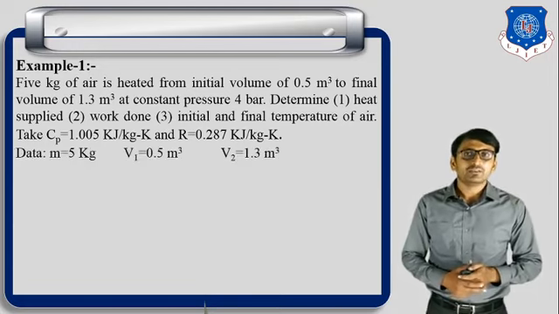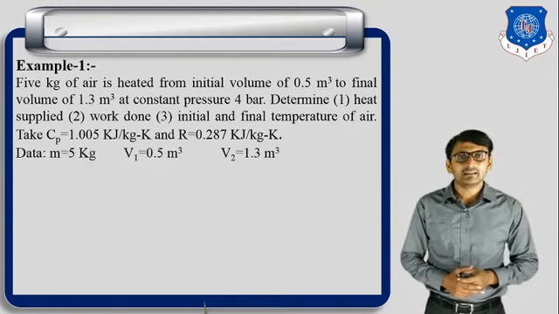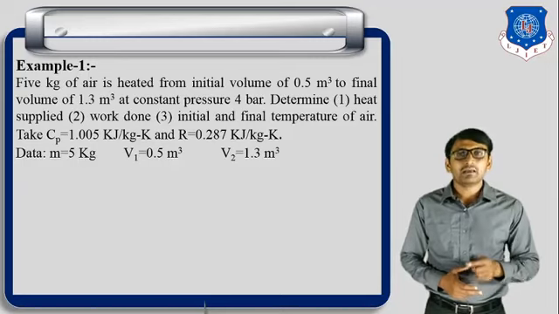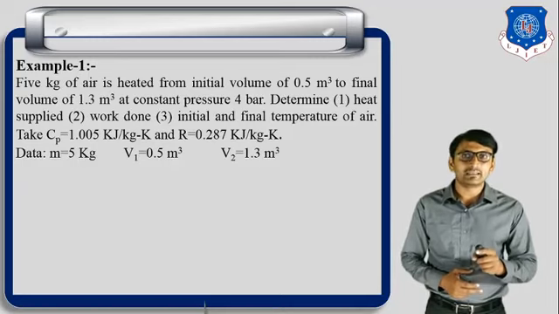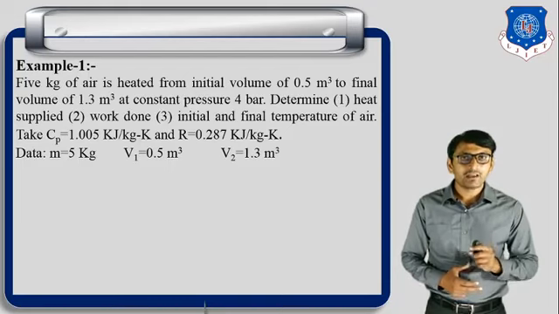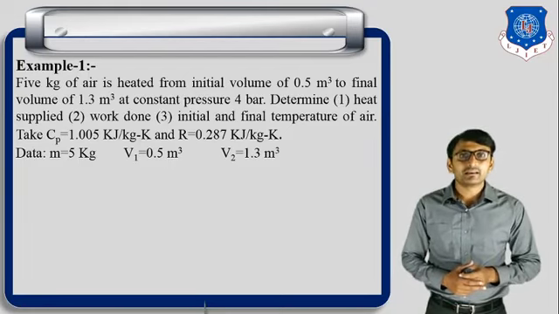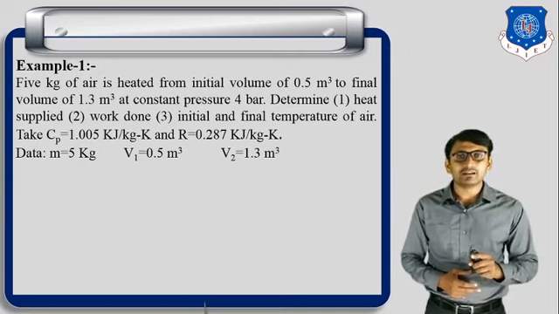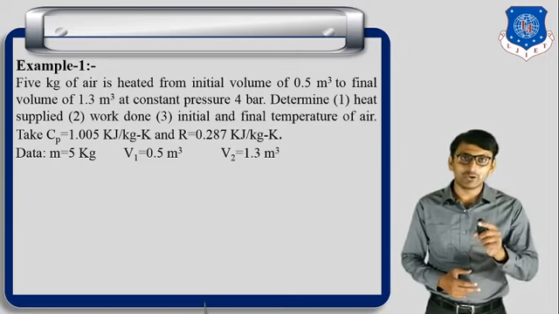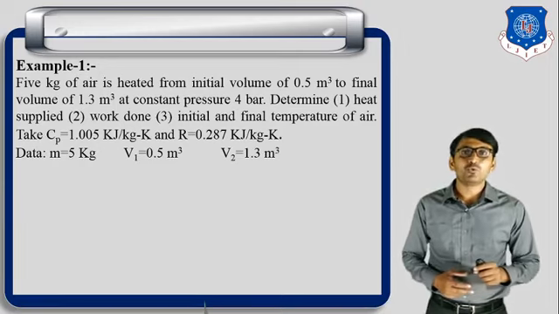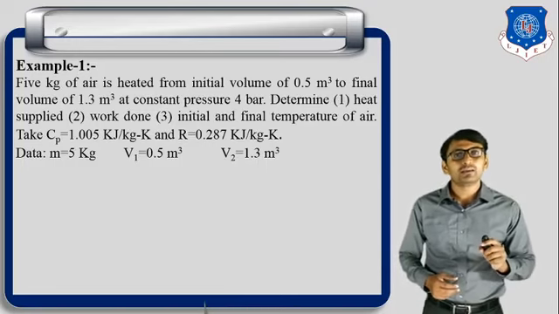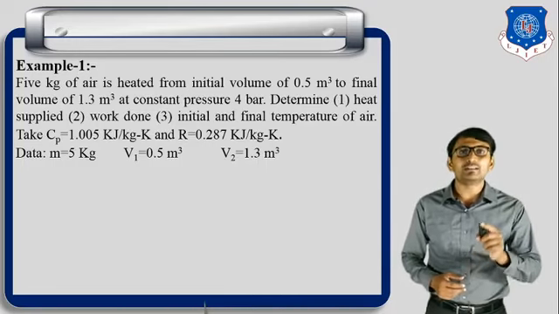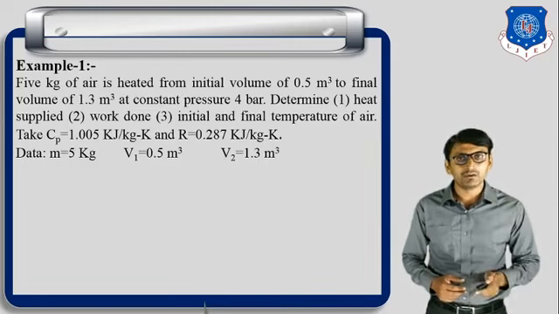Okay. So first, the given data. In this example mass is given as 5 kg, V1, the initial volume, is given as 0.5 meter cube, V2, the final volume, is given as 1.3 meter cube.